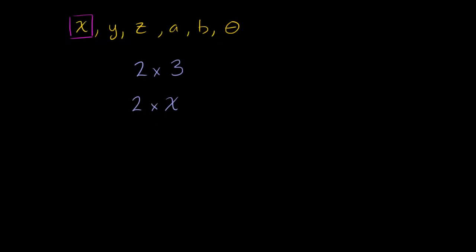Because this is extremely confusing and it can be misinterpreted, we tend to not use this multiplication symbol when we are doing algebra. Instead, to represent multiplication, we have several options. Instead of writing 2 times x this way, we could write 2 dot x.